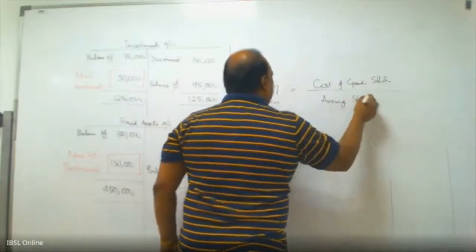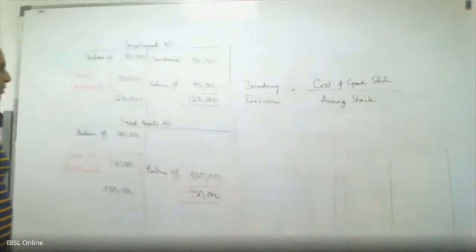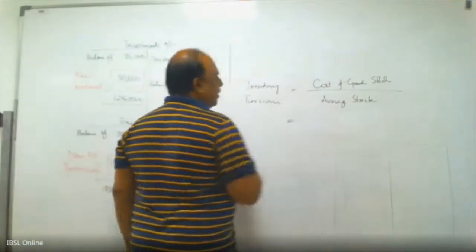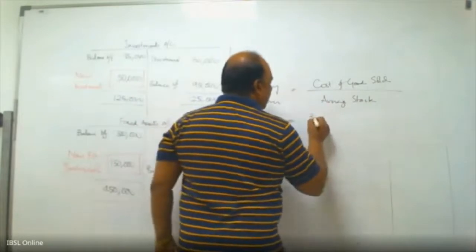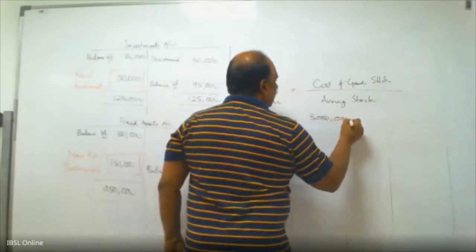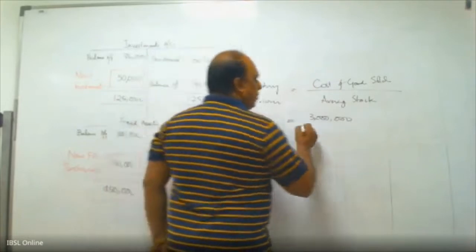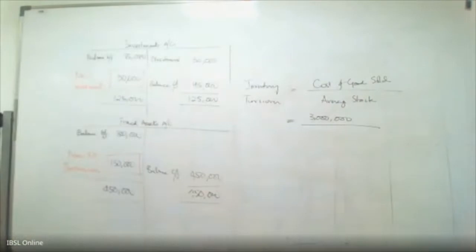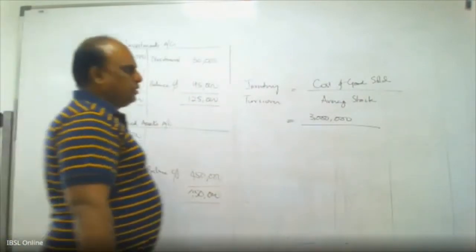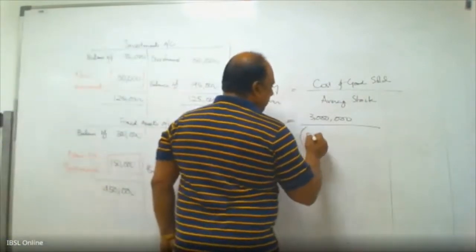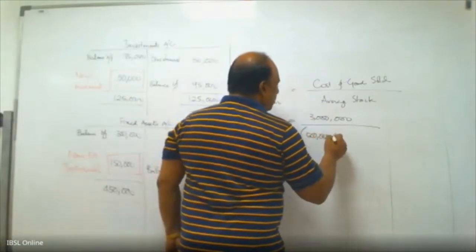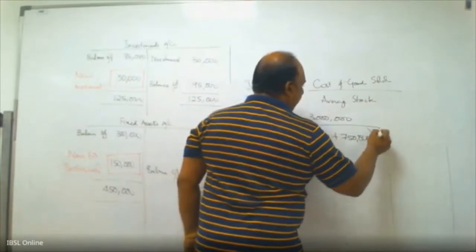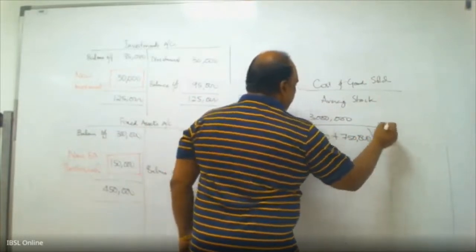Right? So in examination, you don't need to write all these. You can just show the simple working. So cost of goods sold is 3 million. Correct? Average stock, now they have not given you the average stock, but they have given you the opening stock and closing stock. So you add the opening stock and closing stock and divide it by 2.